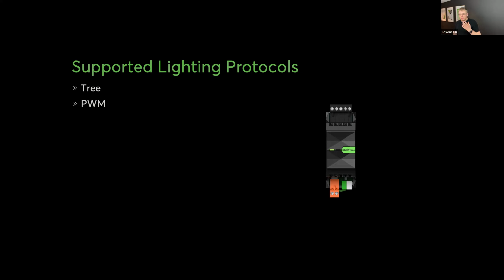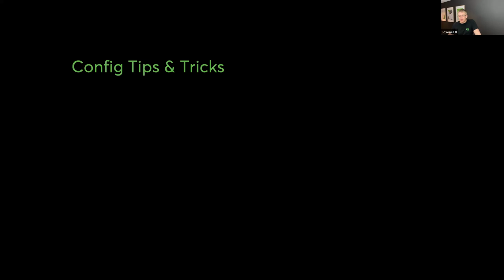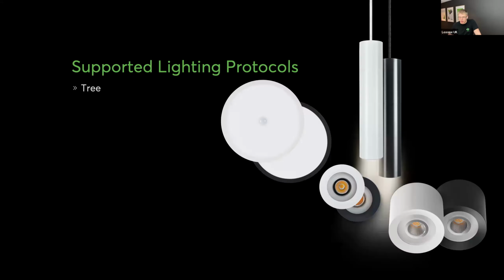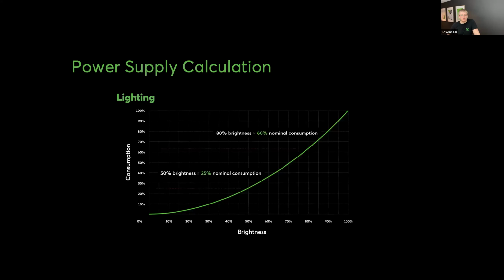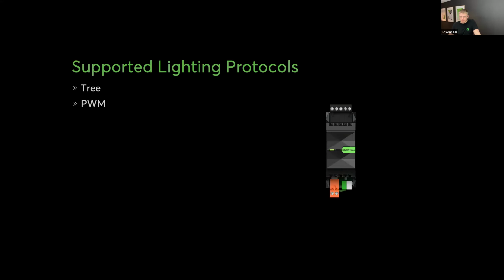So that's why we're doing a little bit of research, particularly Nico, not myself, in finding some 24-volt fittings, and hopefully we'll be able to start recommending some more to you, because that's what you'll find a lot of in other European countries. And of course, with PWM, with the RGBW dimmer, you will get the same sort of benefits that you get with the Tree spot. Same sort of power consumption benefits that you'll get.